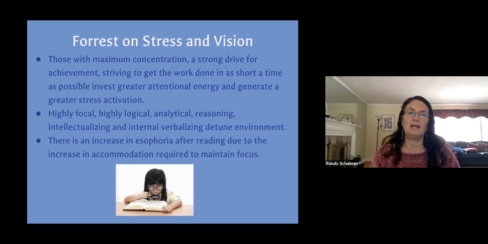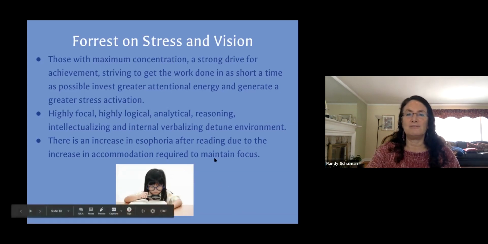So those that are highly focused, with logical, analytical reasoning, intellectualizing, internal verbalizing, will detune the environment, and then they end up having more esophoria and an increase in accommodation, and then possibly increased myopia. None of you know anything about that strong drive for achievement and to concentrate for boards or anything like that, or for your future.